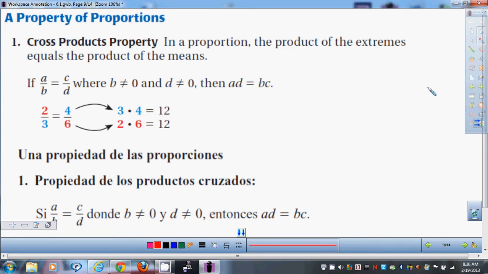This is the important part right here. For every proportion, this is true. That's the most important thing on this slide. I just boxed it over. For every proportion, this is true.